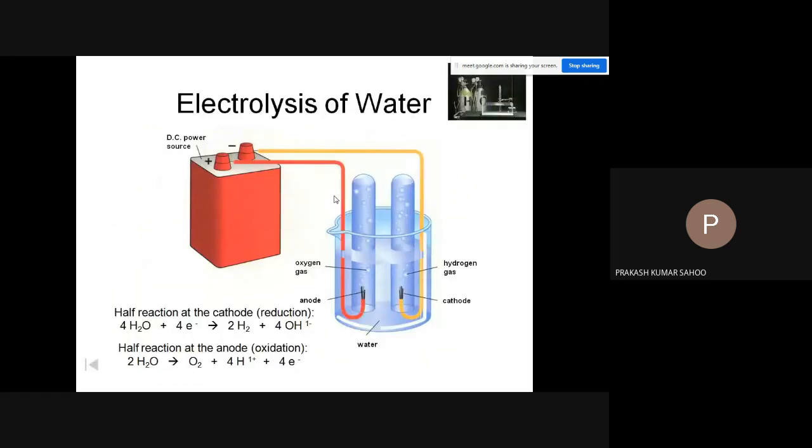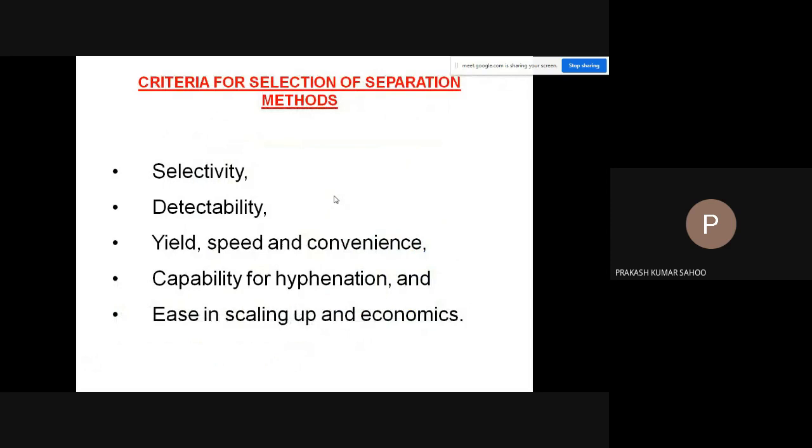This is the last part of unit 1, that is, what are the criteria to select a separation method for a particular mixture.